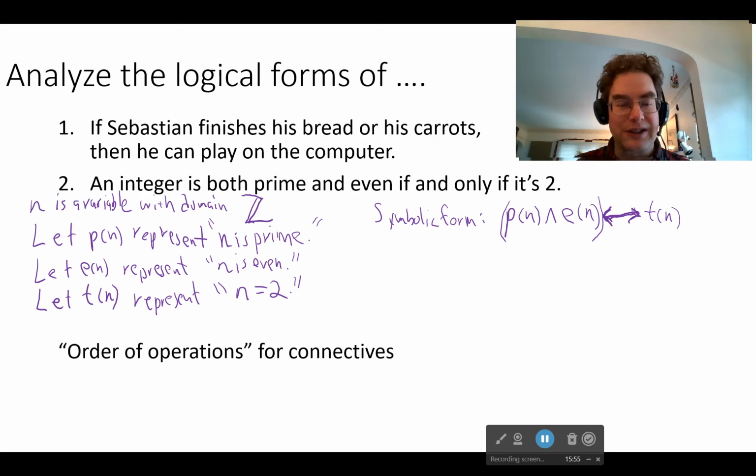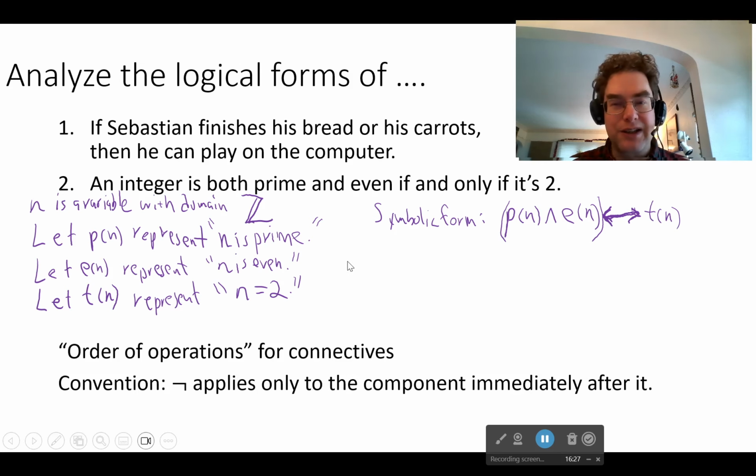How do you know what to do first? Well, just like in algebra, you have sort of an order of operations for your arithmetic operations. Supposedly, there is one like that for symbolic logic as well, but my recommendation is you don't rely too much on that. Really, we want to use parentheses, and you should use parentheses to make sure you're really clear about what operation should take precedence here.